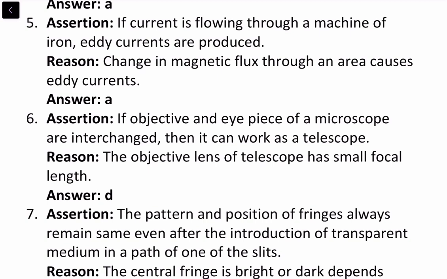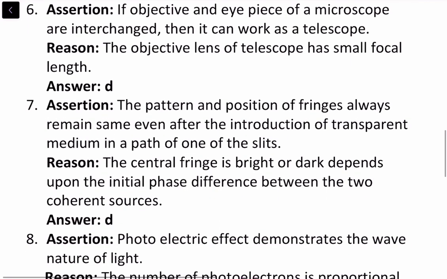Now, let's see the reason. The objective lens of a telescope has a small focal length. No, that is also false. Objective has a much larger focal length than the eyepiece in the case of a telescope. So, in this case, assertion is wrong and reason is also wrong. Therefore, the answer is D.